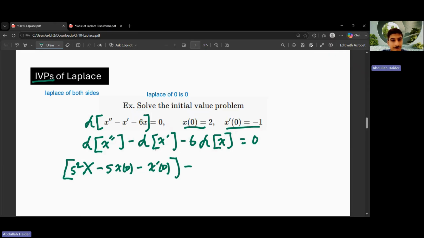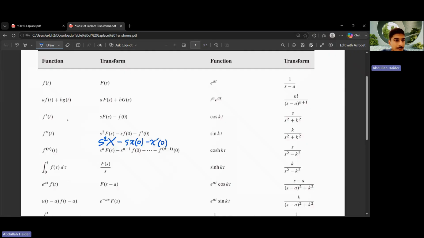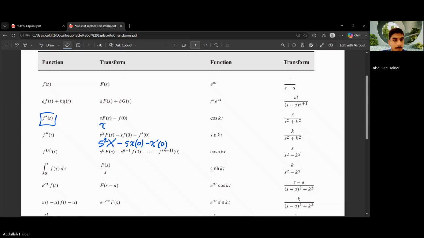Now we need to find the Laplace of x prime. X prime is the same as f prime of t, and again, pay attention to the capital. In this case, you have s big X minus small x of 0.